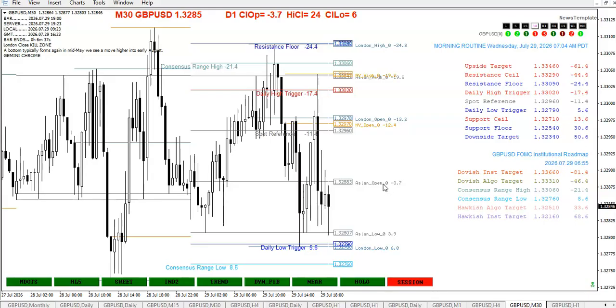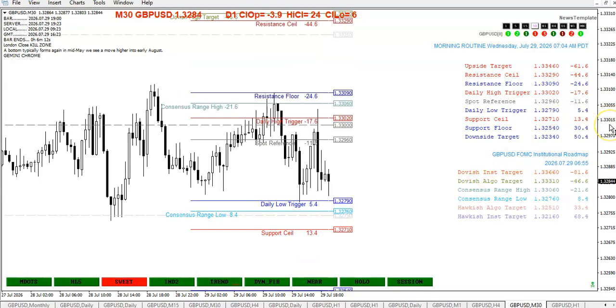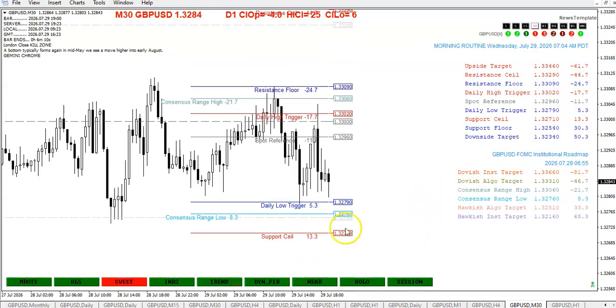To the upside, I'd wonder what would happen at the double O. To the downside, what would happen at the 75? So that might be another plan. Just trade the psychological levels. So we've got the 75 here. We've got the double O there.